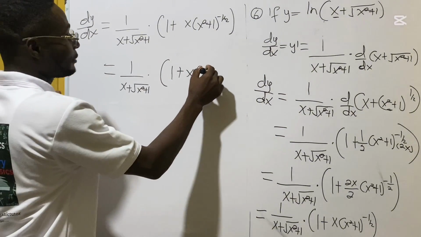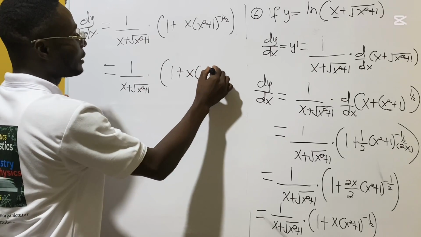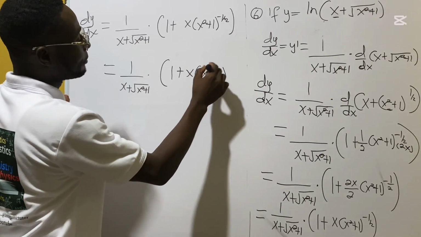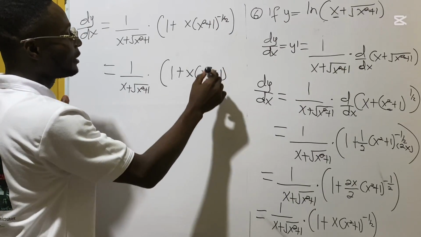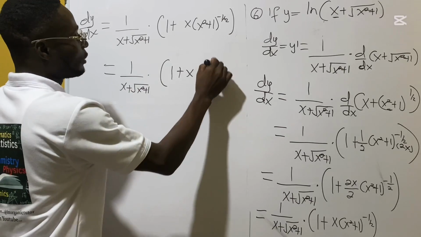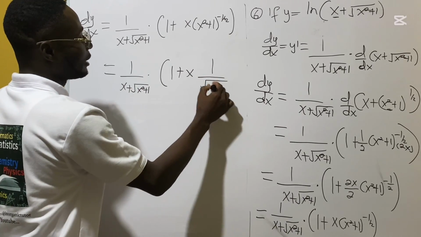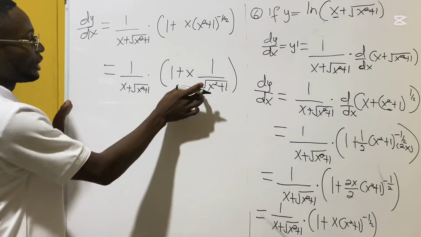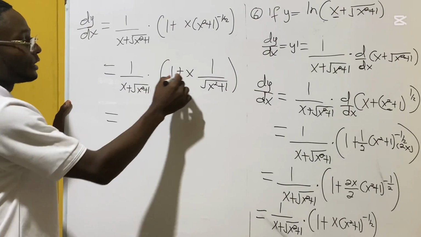Exponent negative half can be expressed as 1 over square root of x squared plus 1, right? So from here, we're going to have this.